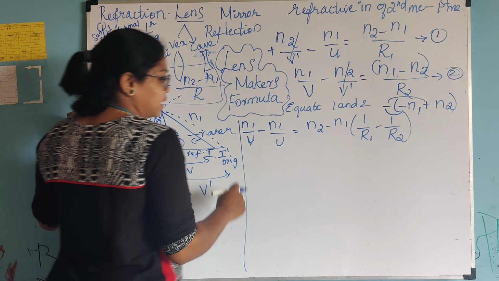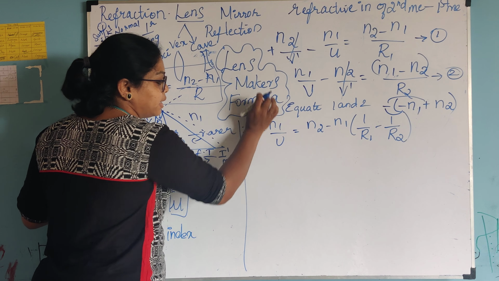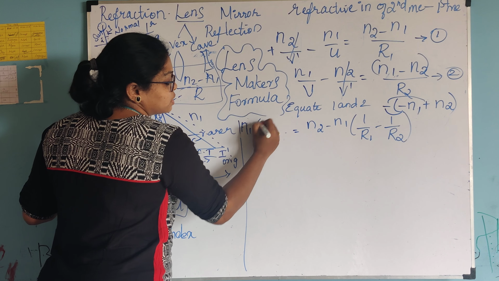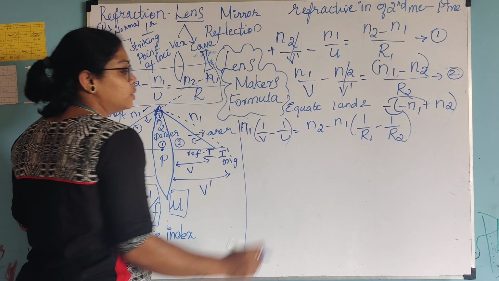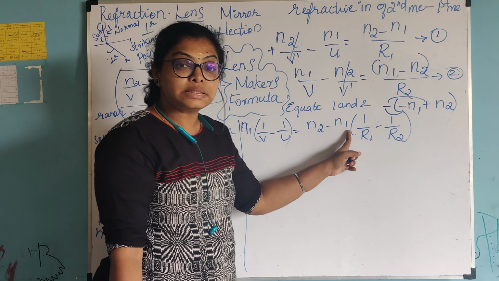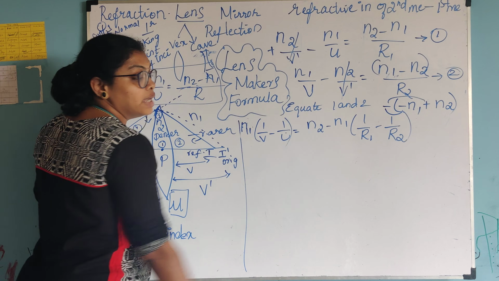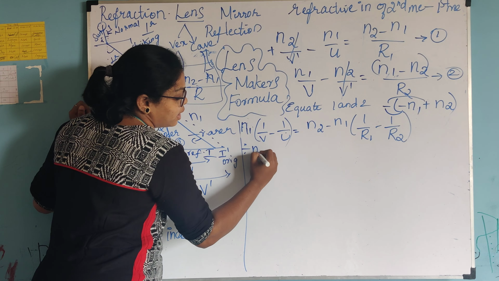Next, what is common in this? N1 is common, right? So from this equation I can make it 1 by V minus 1 by U, which is equal to N2 minus N1. Again, to take this N1 outside, N1 is common, so divide by N1.